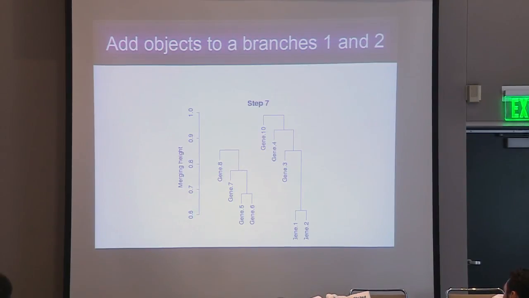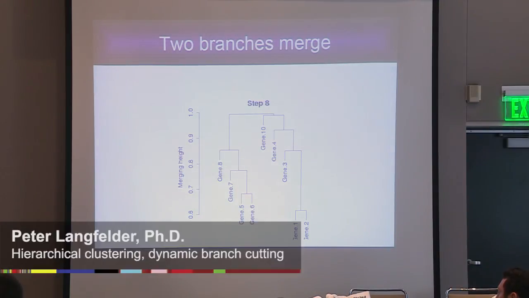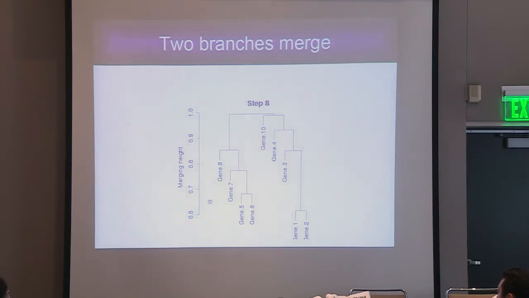We were just building two branches here. But then the two branches merge. And this is where the gist of the method lies. Because the question now is, are these branches separate enough to keep them as separate clusters, or are they not really all that separate and we should merge them?